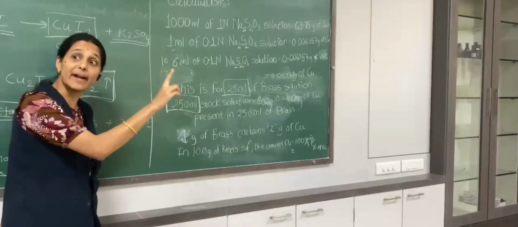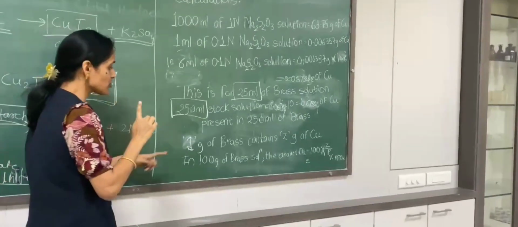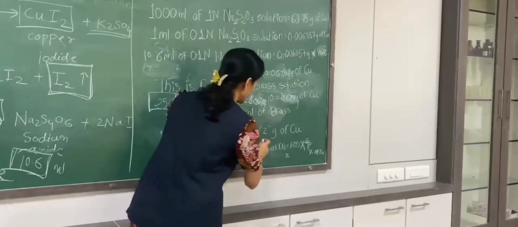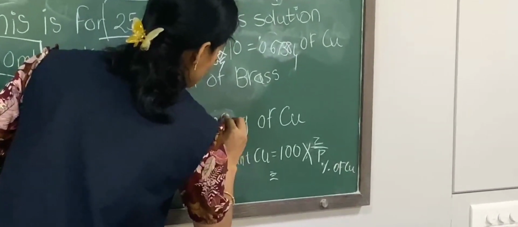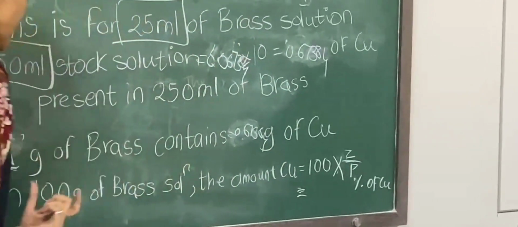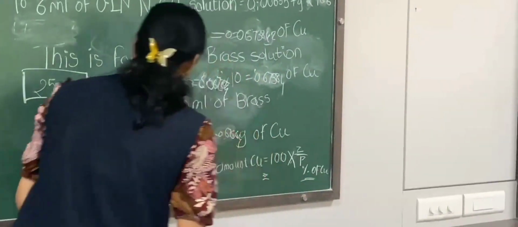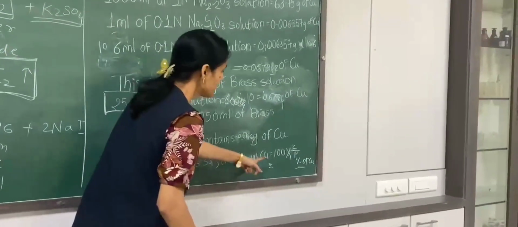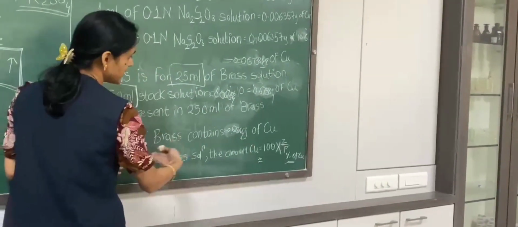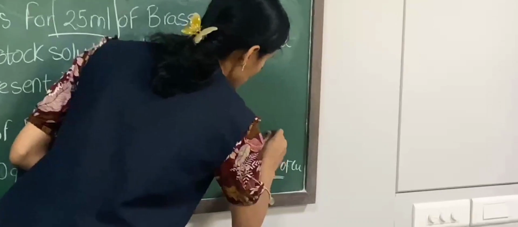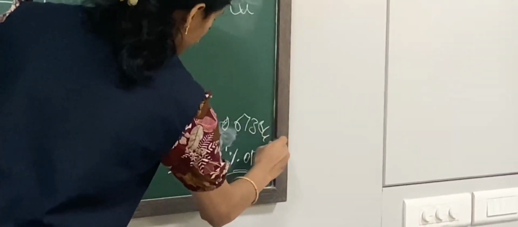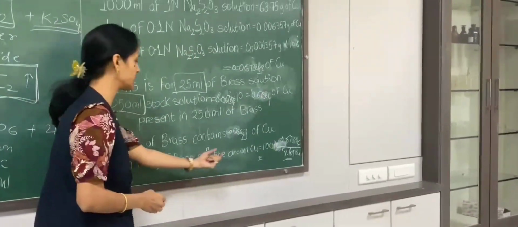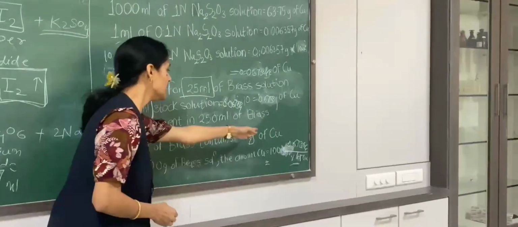So 1 gram of brass, which is solid alone, contains that much copper, which we calculated to be 0.67384. Now we have to calculate the percentage. Therefore, 1 gram of brass contains that much copper, so 100 gram of brass contains 100 into 0.67384 divided by 1, by cross multiplication.